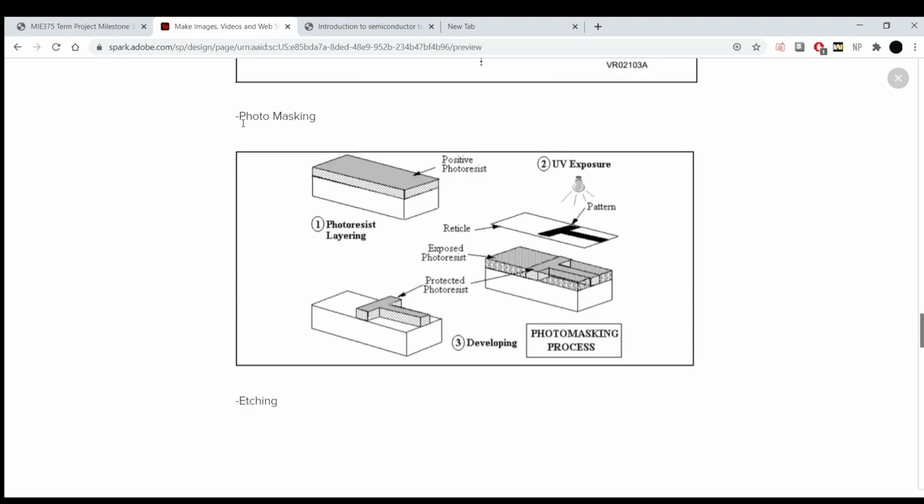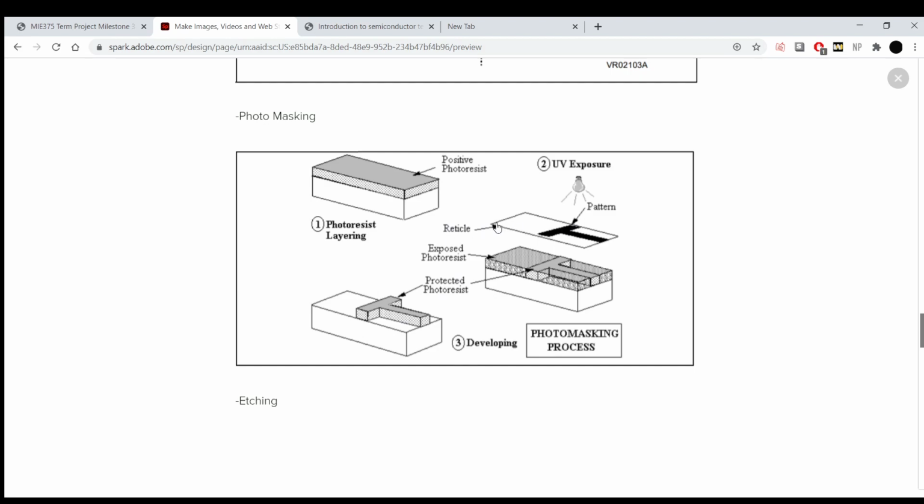First of these sub-steps is photomasking, in which we expose our semiconductor to light, and then we melt the epoxy resin, and we create a pattern that we want in order for us to put our pathways and wires into. This is done via the reticle that is used.